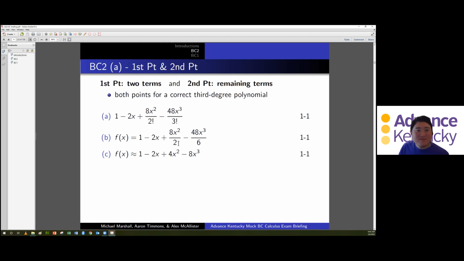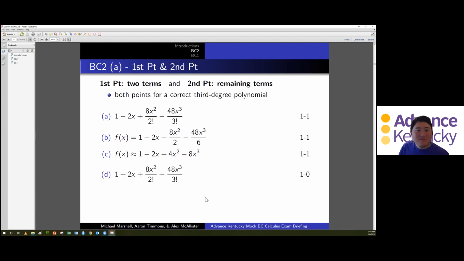We're okay if they multiply out the factorials. And that last version highlights that we'll accept approximately. We'll let them simplify 8 divided by 2. Especially with BC students, who are often very mathematically adept, that might be a simplification they would do, and as long as it's right, providing exactly the correct polynomial, we'll allow them to earn those points.